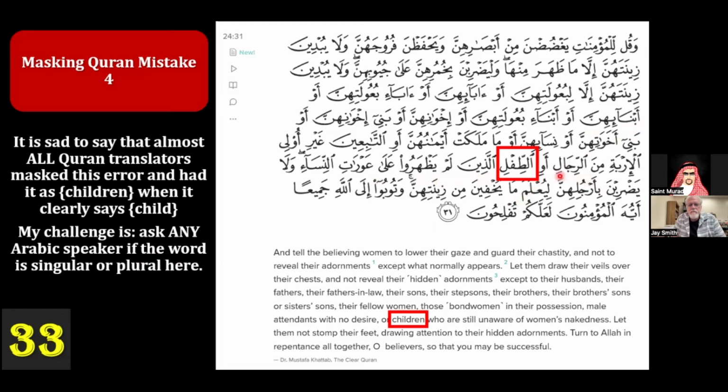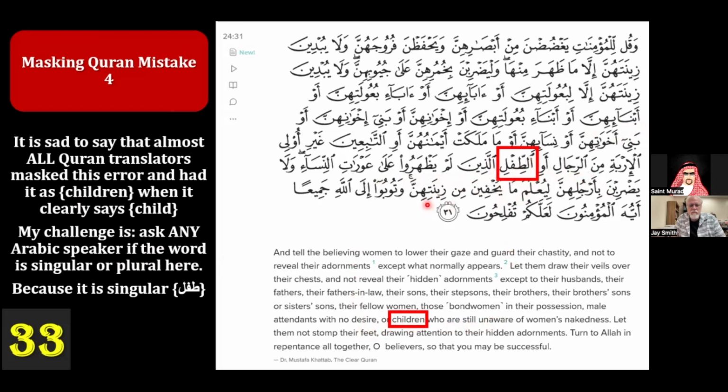Because it says الرجال أو الطفل الذين. It should be either الطفل الذي or الأطفال الذين. But in every single translation they just have it as children who are, and they assume, and of course, they obscure the fact that in the Arabic, this is a grammatical mistake.